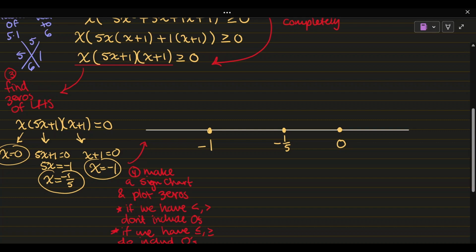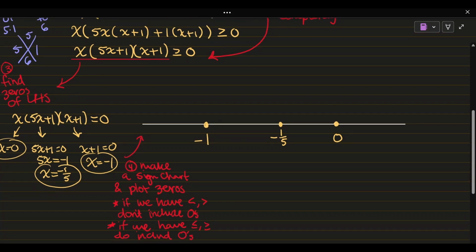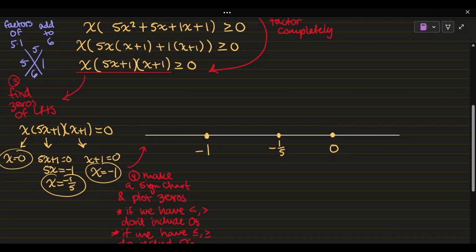Okay, and we're looking for, in this problem specifically, when this left-hand side here is greater than or equal to 0. So we want to find when this left-hand side is 0 or positive, right? Because greater than 0 means positive. So we're going to compute the sign of this.